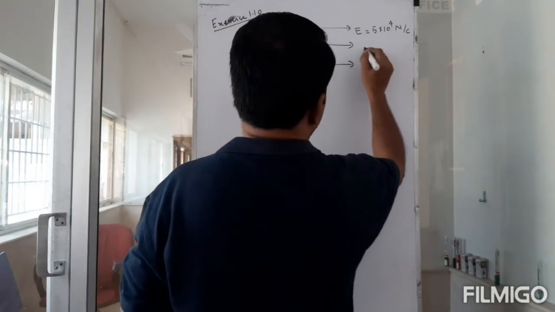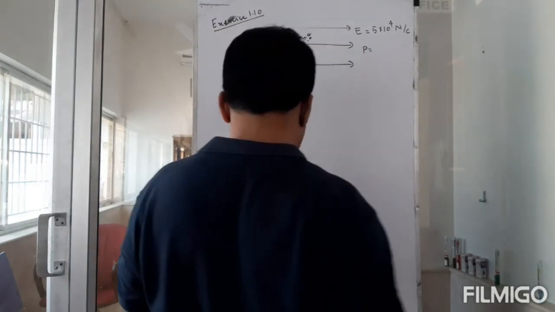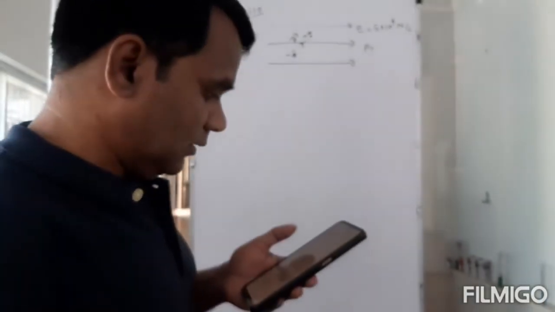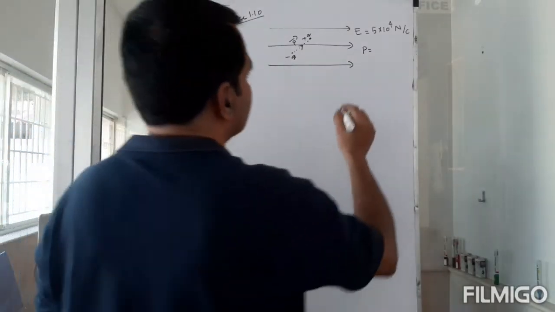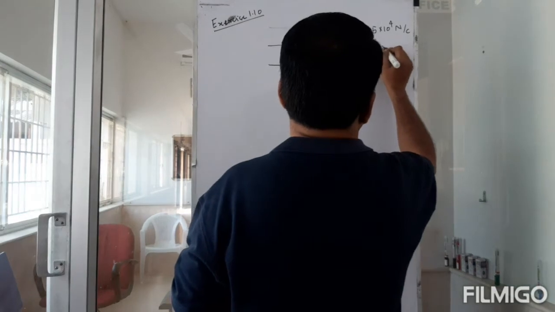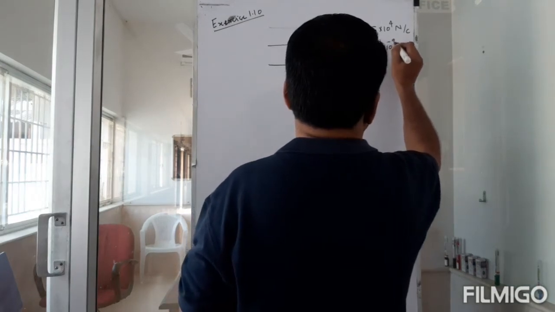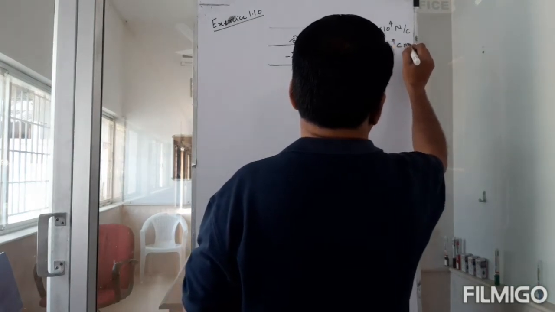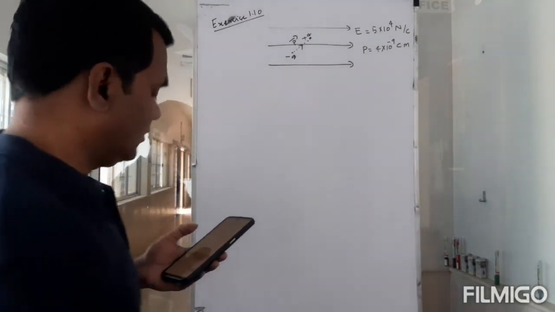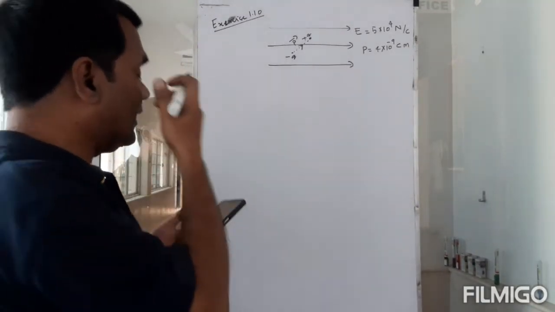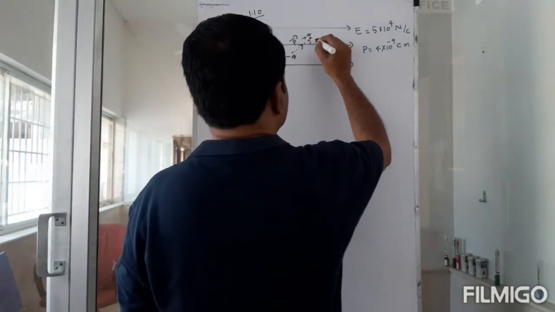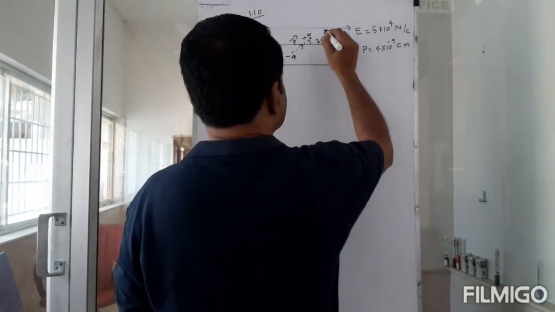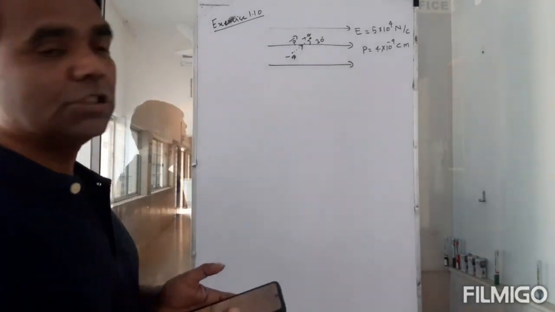So the value of that dipole moment is given to be 4 into 10 to the power minus 9 coulomb meter. And it is aligned at an angle of 30 degrees to the electric field.